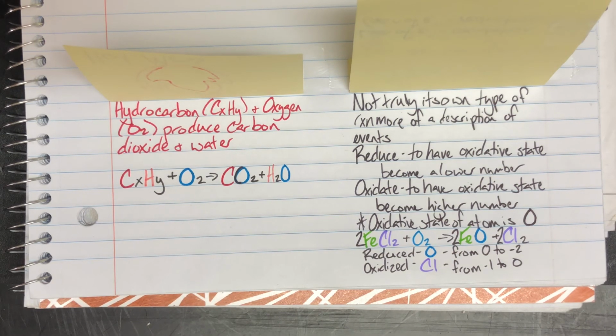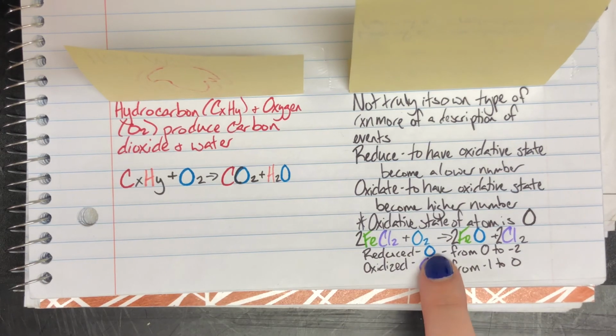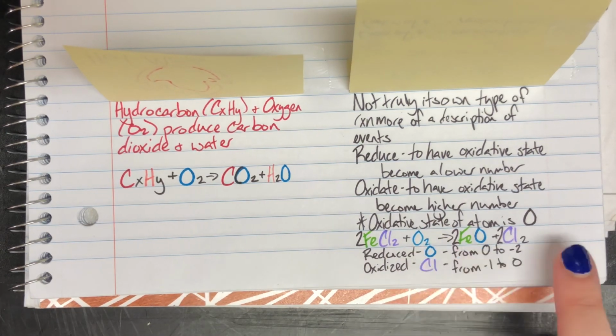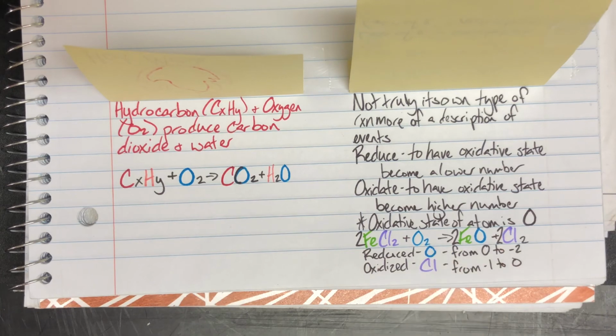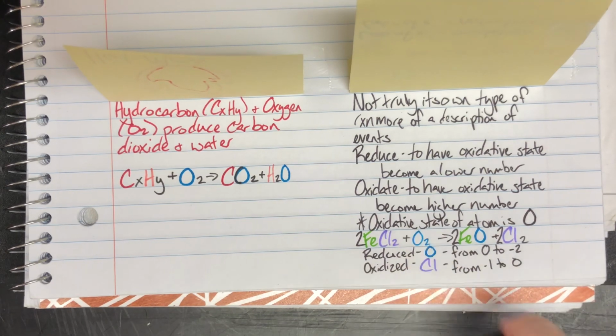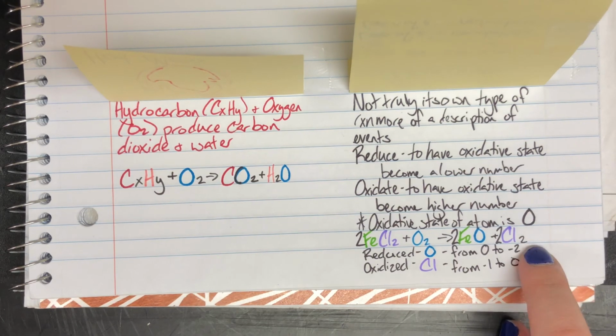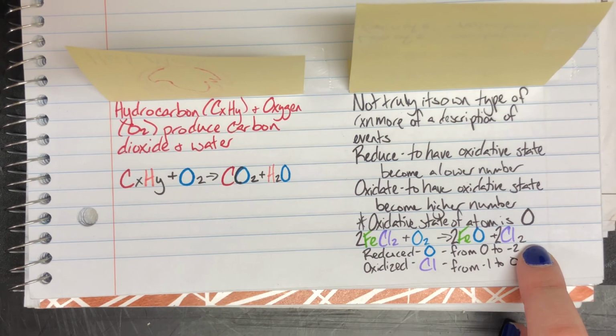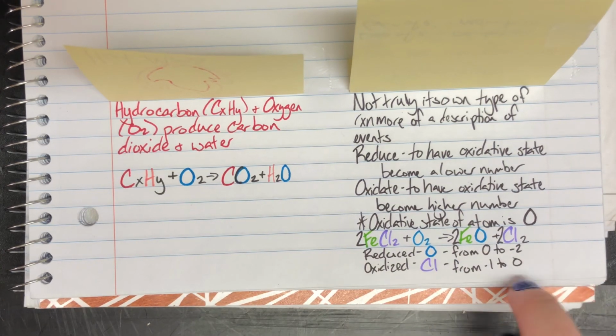But I can see that my oxygen, which went from being alone to being within a compound, is going to be a reduced oxygen. And so oxygen will have gone from 0 in its diatomic state to -2 when it formed a compound, because it will have stolen 2 electrons. And negatives are less than 0, or a positive number, so my oxygen was reduced.